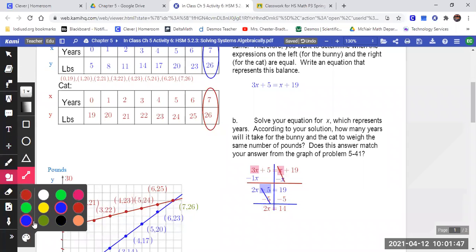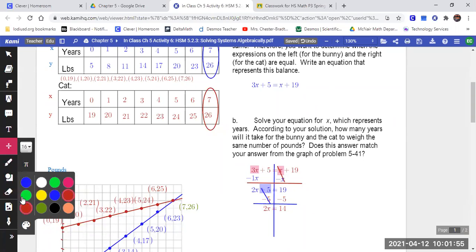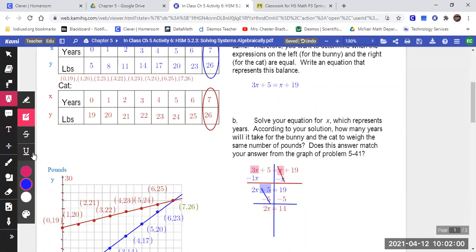We need that x completely and totally alone. Is it yet? No. So what are we going to need to do to get our x completely alone? The 2 needs to go, right?